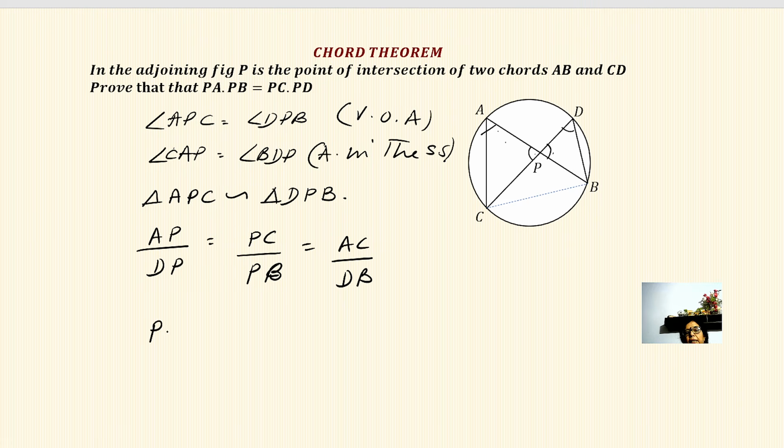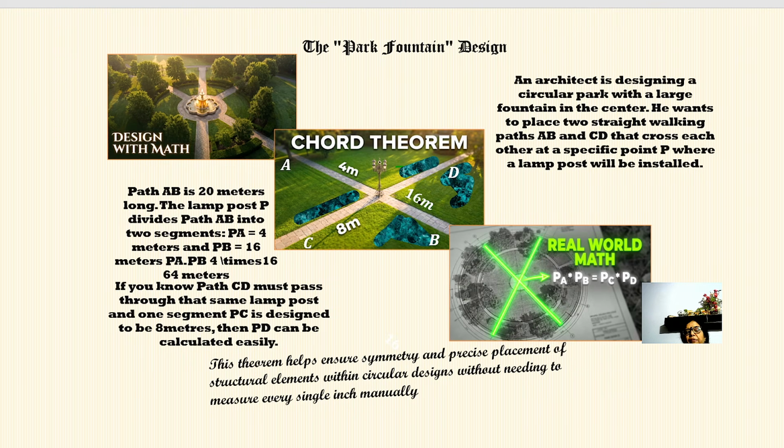So we get PA into PB is equal to PC into DP, and we can rewrite that as PD. So PA into PB is equal to PC into PD, and this is what we have to prove. The concepts that we have applied here are angles in the same segment and vertically opposite angles being equal.